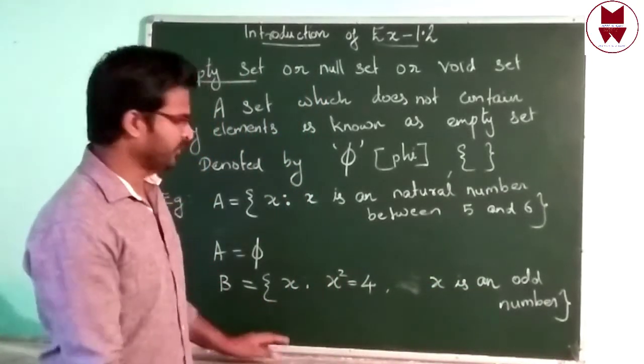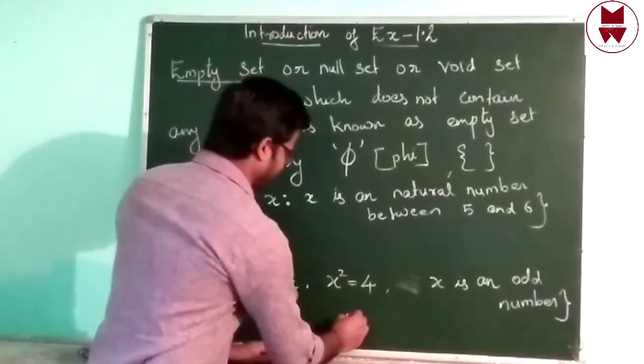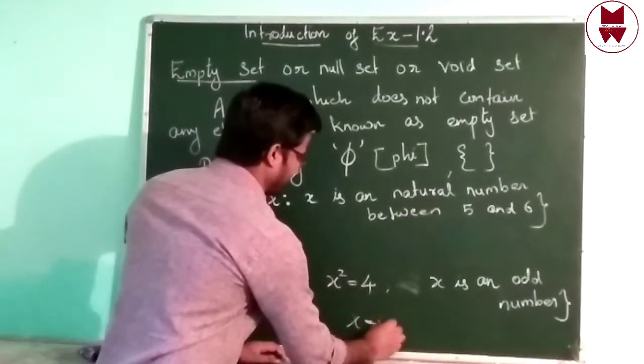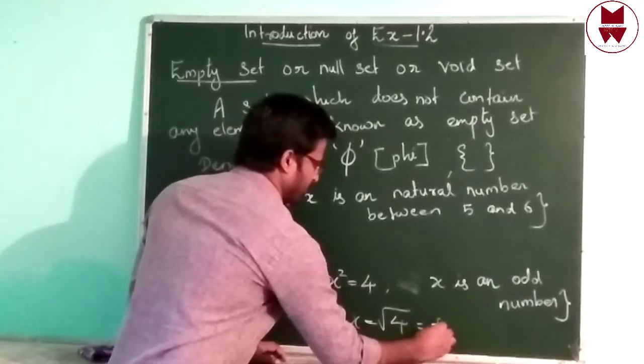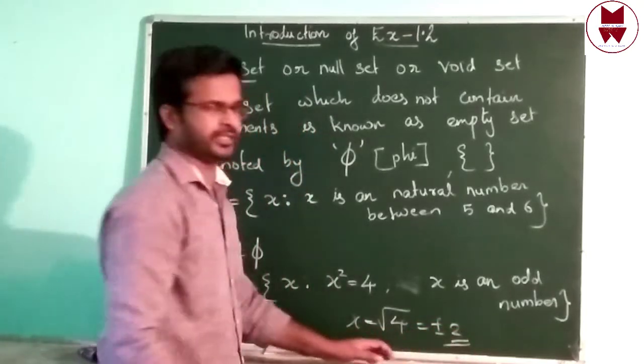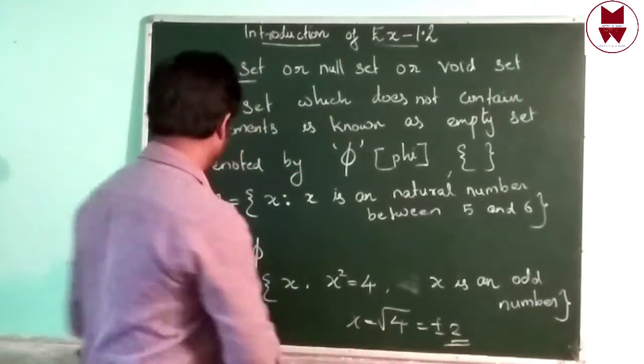Then if you solve x square equals 4, what will you get? Bring the square to the right side, square root of 4 equals plus or minus 2. x equals plus or minus 2.